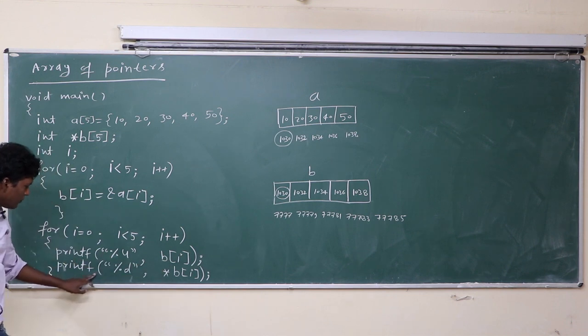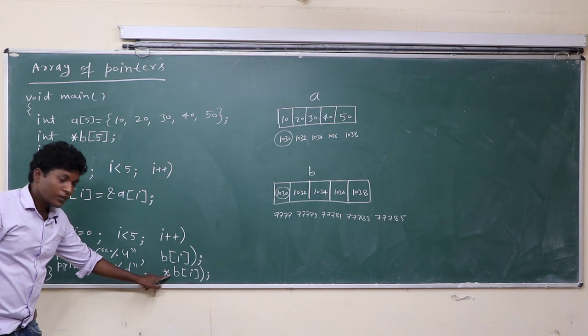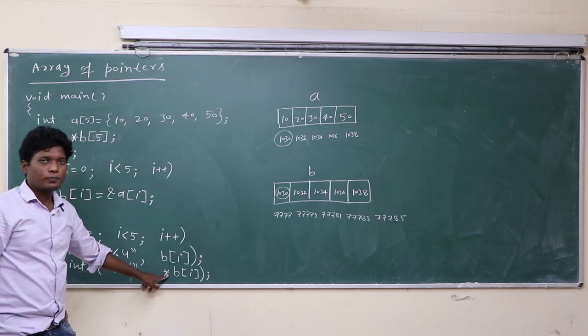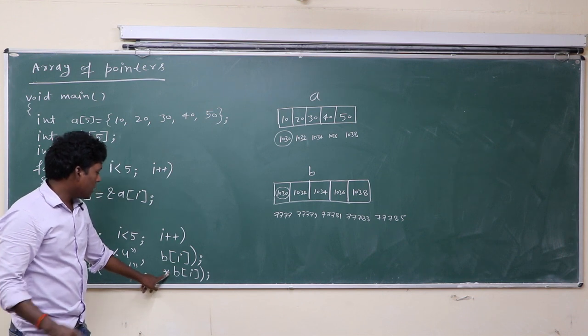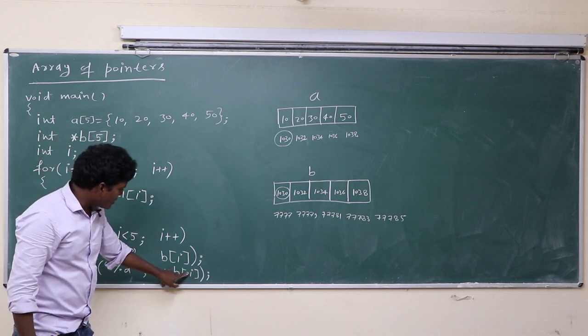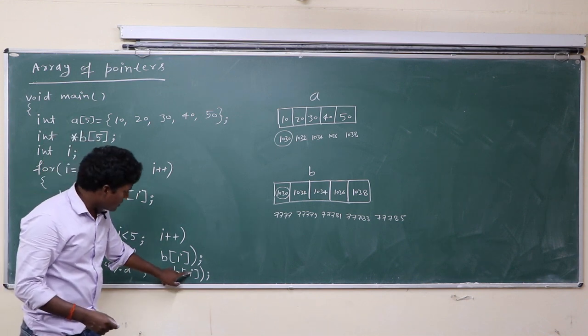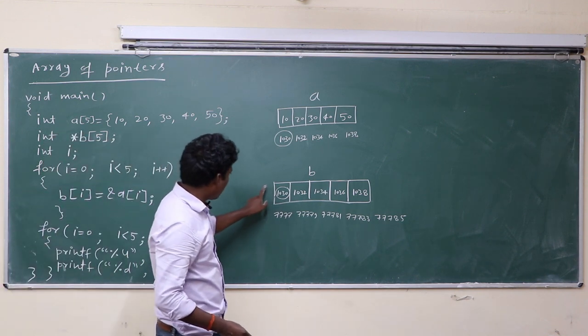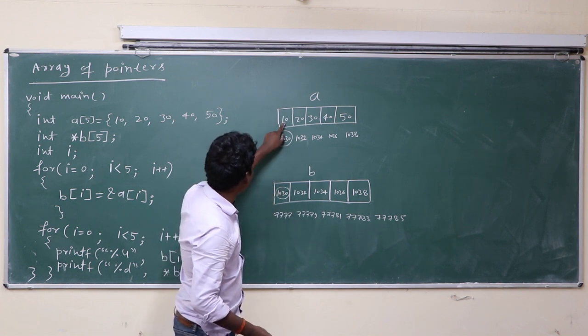But in the next printf, we use %d, and here we use an asterisk. The asterisk gives the value at this address. So this address has the value 10.